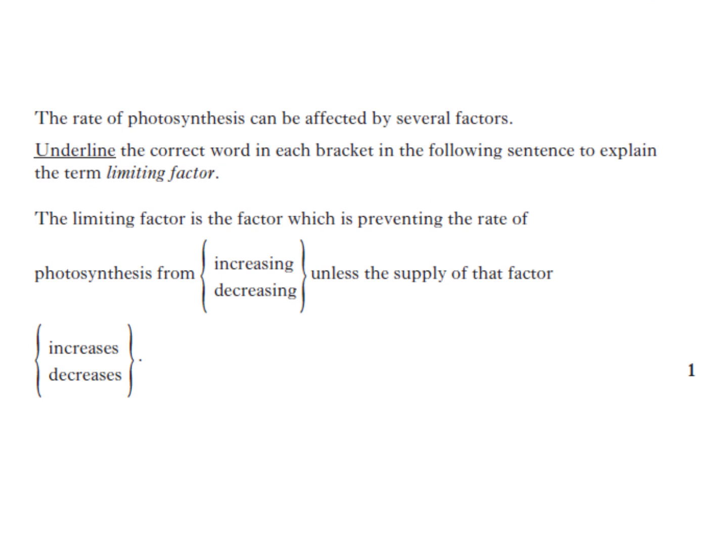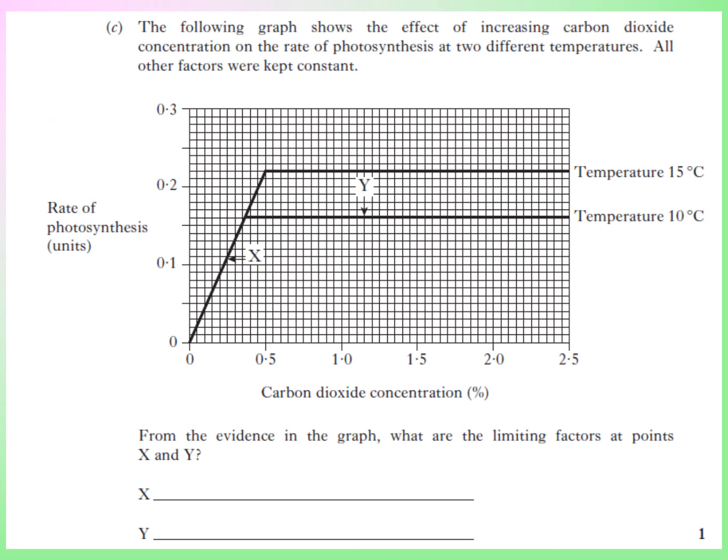The rate of photosynthesis can be affected by several factors. So again, what you have to do is select the word that makes that sentence correct. The limiting factor is the factor which is preventing the rate of photosynthesis from increasing, unless the supply of that factor is increased. So again, we've got the same kind of question.